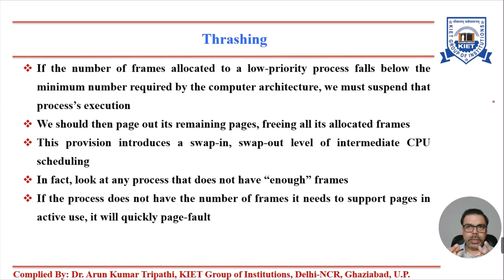Whenever there is a page fault, the CPU will do a context switch, which means it will switch from one process to another. In that case, it has to save the PCB of the currently executing process into the main memory. Then it has to replace one of the process pages that is already in memory to the secondary memory.